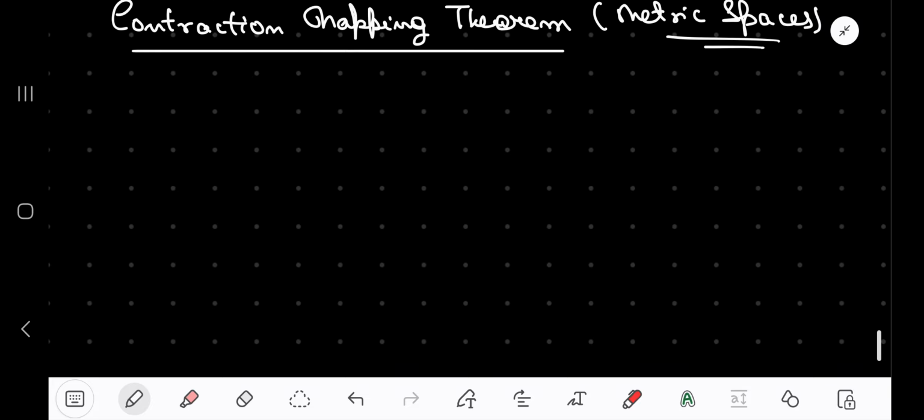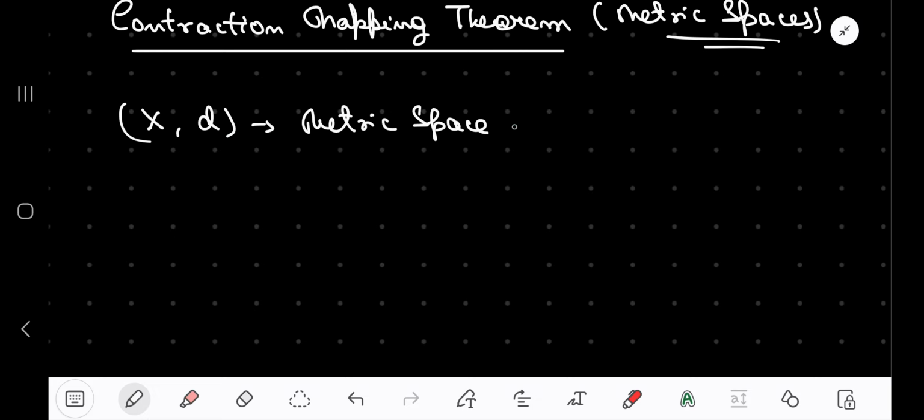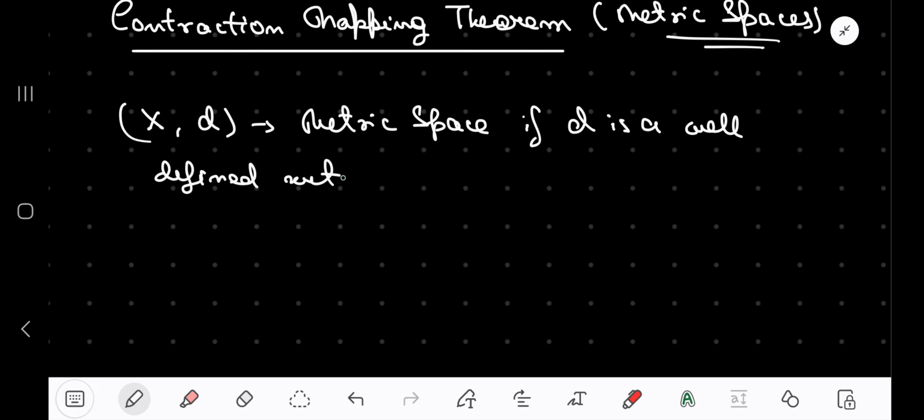If you do not know what a metric space is, you can think of it this way: given a set X, (X, d) is called a metric space if d is a well defined metric on it. What do I mean by a metric? I am not giving the formal definitions.